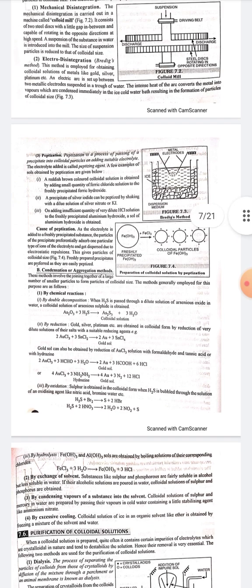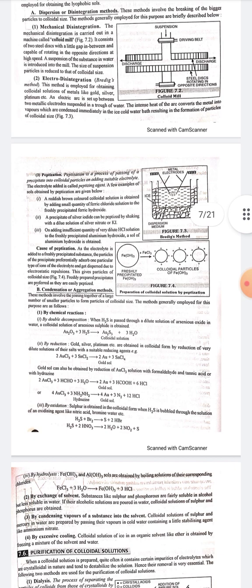By double decomposition: when H2S is passed through a dilute solution of arsenious oxide in water, a colloidal solution of arsenious sulfide is obtained. Reaction: As2O3 plus 3H2S gives As2S3 colloidal solution plus 3H2O.